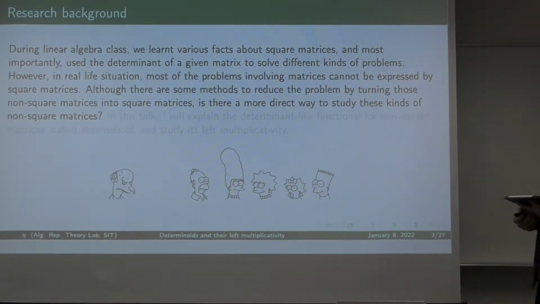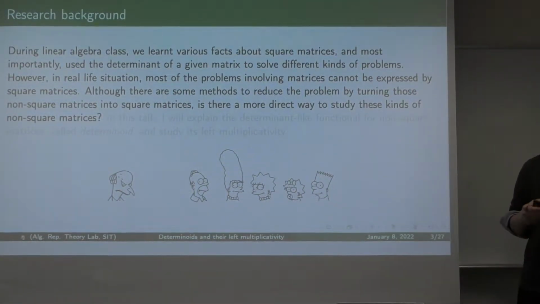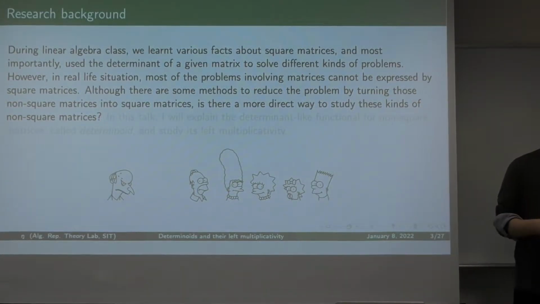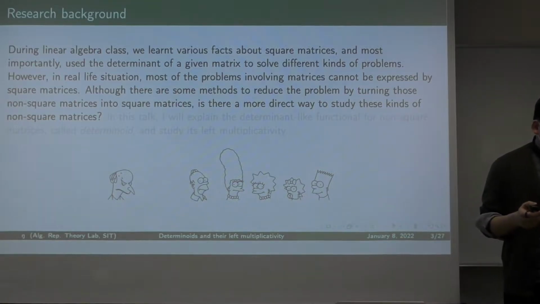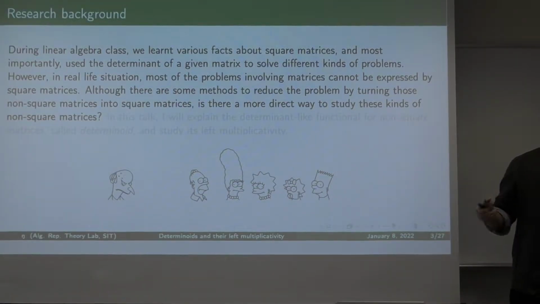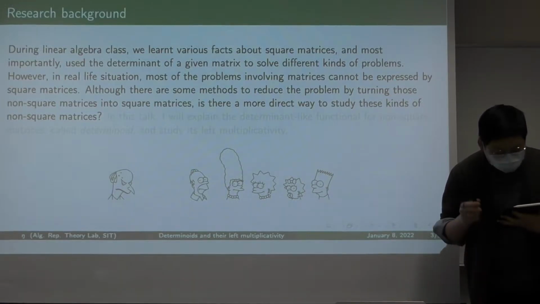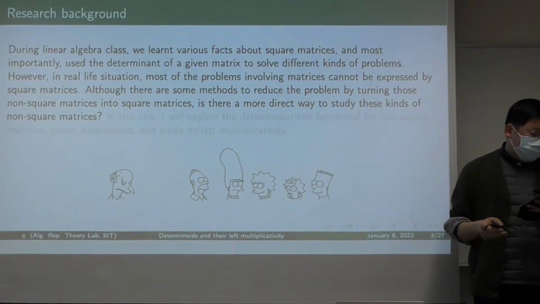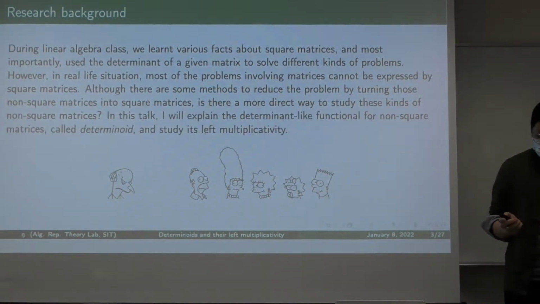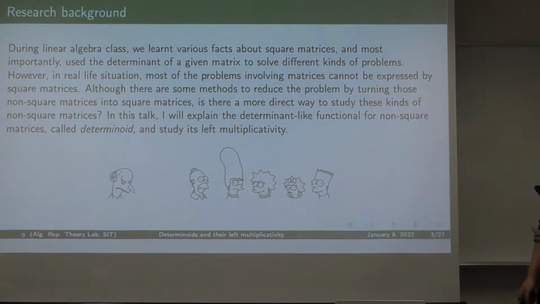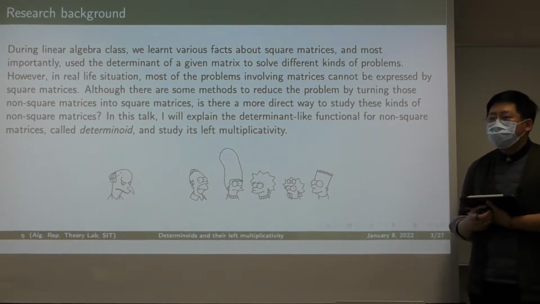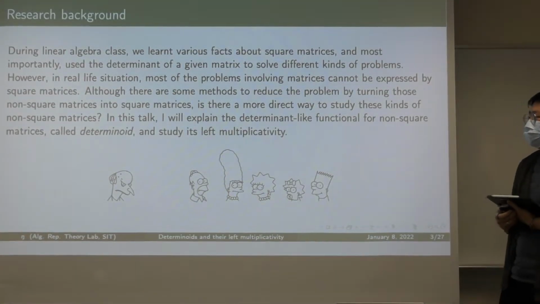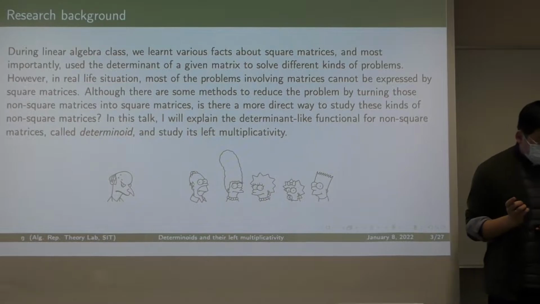Although there are some methods to reduce the problem by turning those non-square matrices back into square matrices, is there a more direct way to study these kinds of non-square matrices? In this talk, I will explain the determinant-like functional for non-square matrices called determinoid, and study its left multiplicativity.